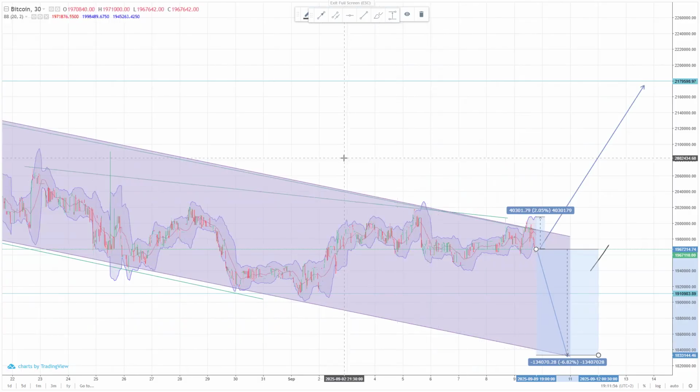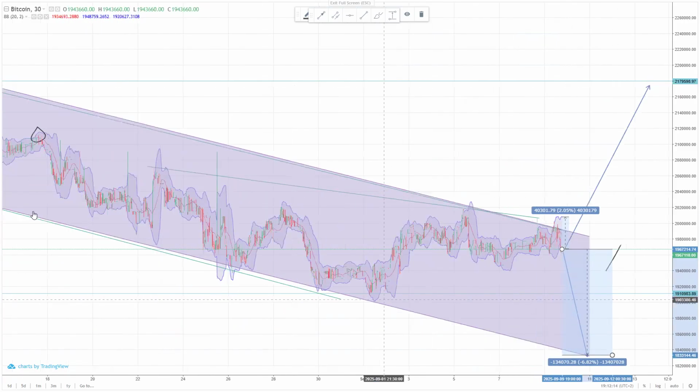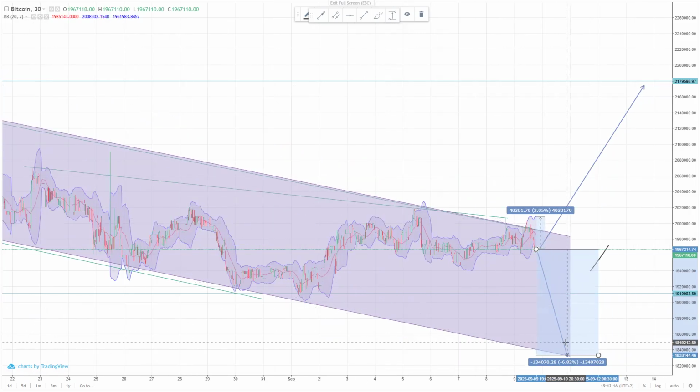And as we said, we want to combine the tools because not all the tools tell us the same thing. The one tool says the price of Bitcoin is possibly going to break out and go higher, back to its previous high. The other tool, the descending channel, because this is a parallel channel, is telling us we could go as low as 1.83 million rand per Bitcoin.